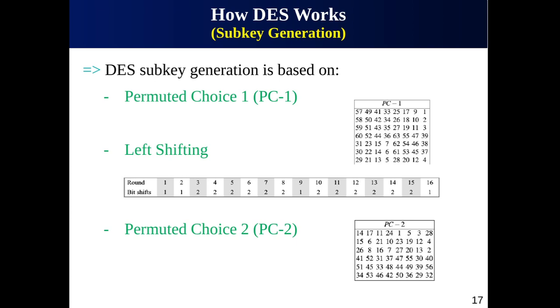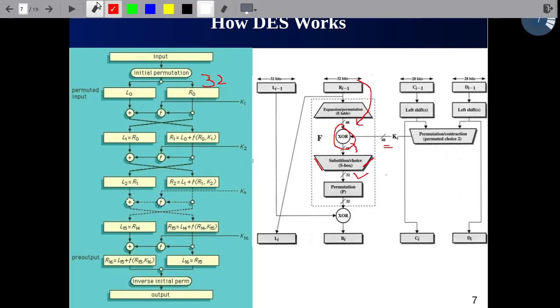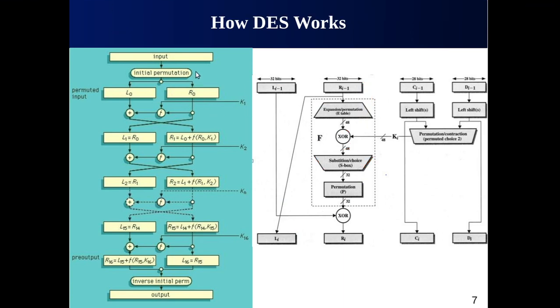Okay, the next component is subkey generation. Let me go back. We started our journey: we studied the initial permutation, the final or inverse permutation, the F function, and the rounds. Now it's time to explore the concept of the key.